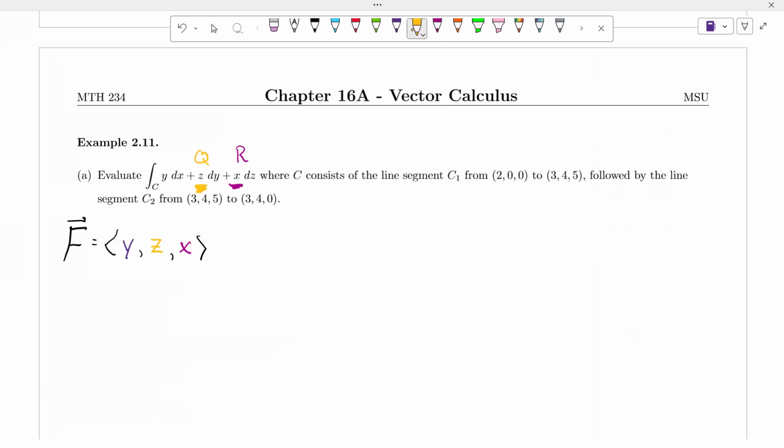This one is Q. And that one is P. Again, might be worth trying to reverse engineer that, I think, on a couple of web problems.